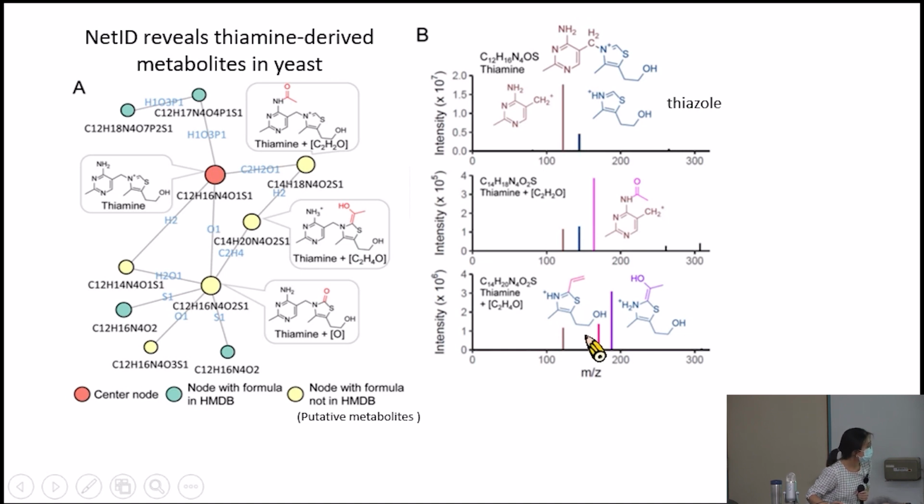And in this derivative, you will find additional modification here and here. So this mass spectrum data shows that indeed this CANOPUS tool predicted relative putative metabolites, and that is real from the thiamine derivative.